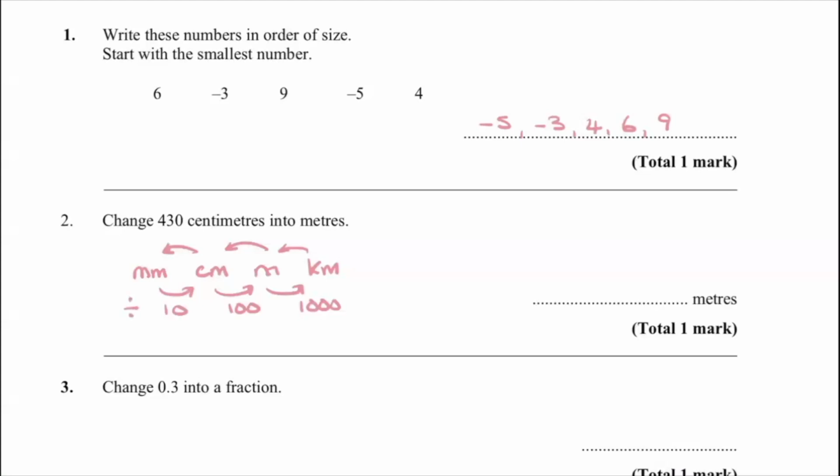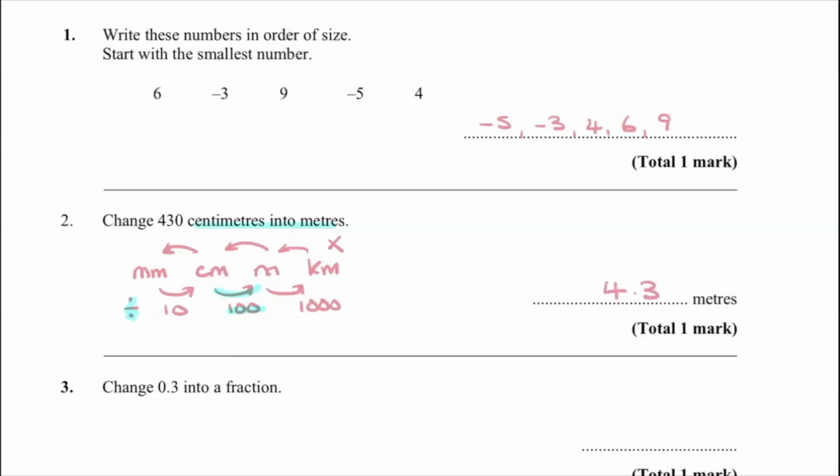You divide if you are moving in this direction, and you times if you're moving in that direction. So learning this little thing here can be really, really helpful if you find converting units such a tricky thing to remember. So we've got centimeters that we have to change into meters. So centimeters to meters means we're going to divide by 100, which will give us 4.3.